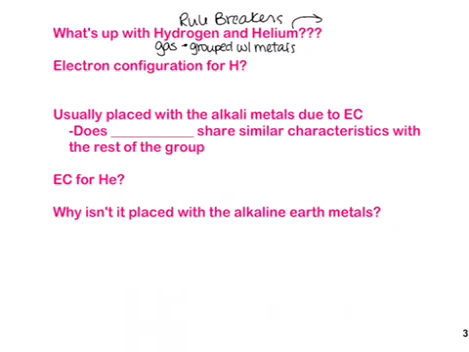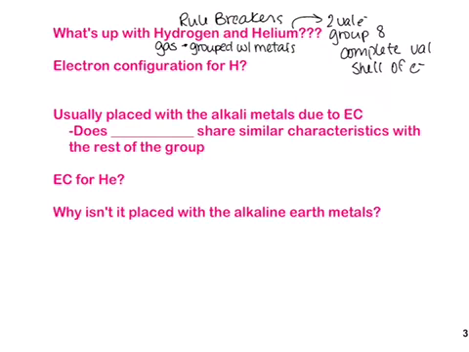And then helium has 2 valence electrons and should be grouped in group 2. However, it's found in group 8. And this is because it has a complete valence shell of electrons. So these are the two rule breakers.